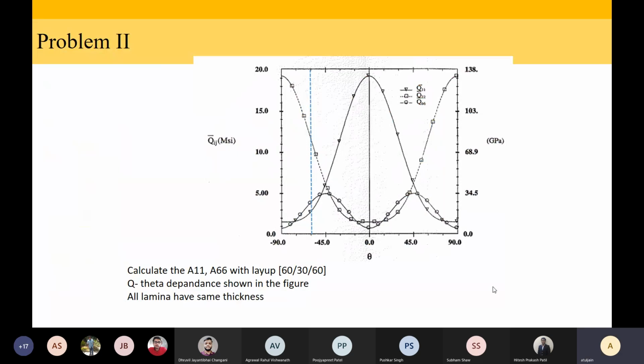What is the value of Q11 for 30 degrees? How much should we take? 2.2? Please solve, tell me what the answer is.